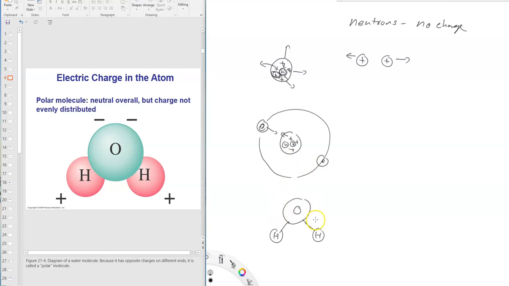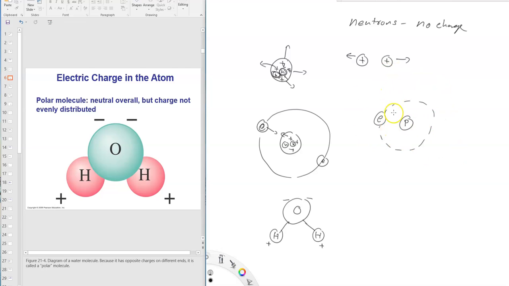There's a charge separation. The oxygen has more negative on one side, the hydrogens being the proton. Like, what is hydrogen? Hydrogen is a proton. The nucleus has only one proton, and there's one electron around it, right?